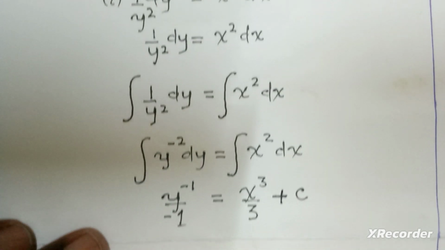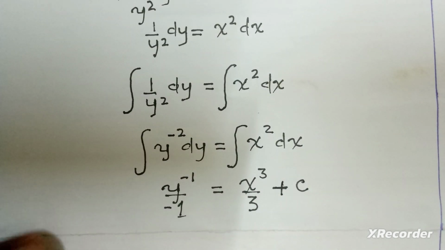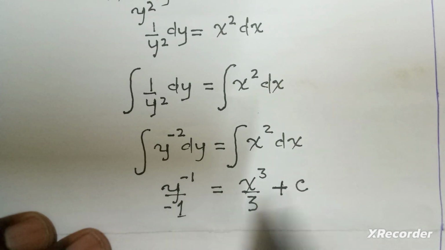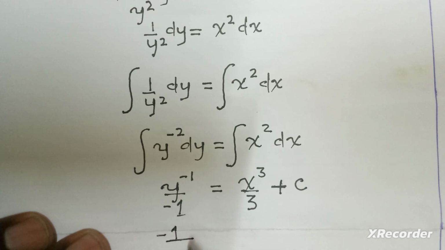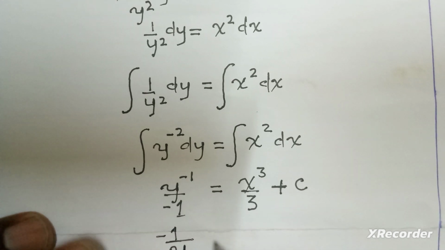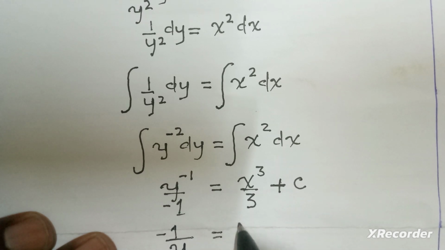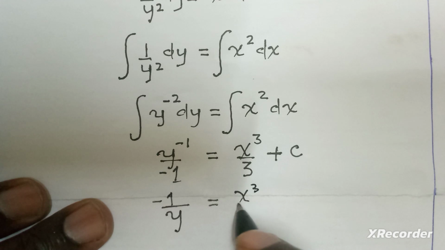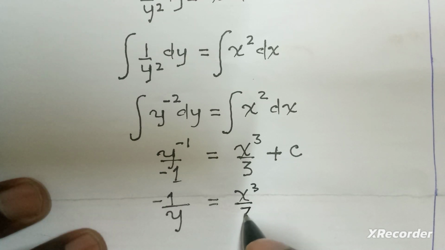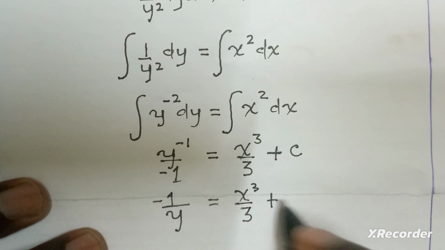We can rearrange that equation guys, and this is what we get. You'll have minus 1 over y equals x cubed all over 3 plus c.